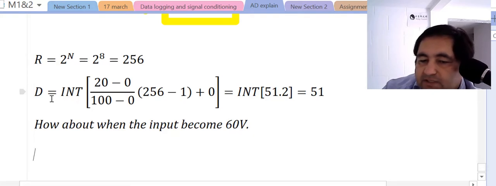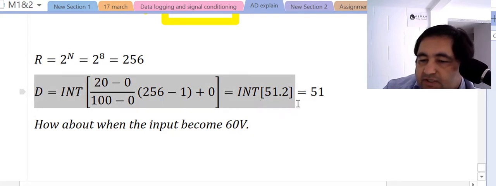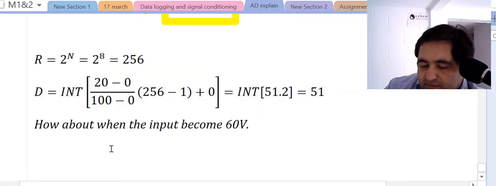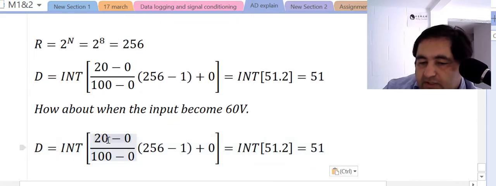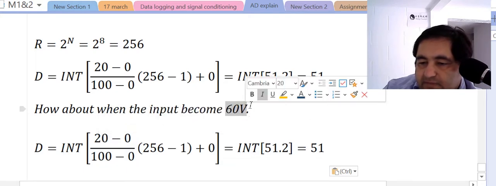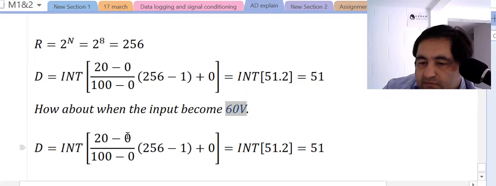If the input becomes 60 volt, all we need to do is just change this number and see what we get. I copy and paste this, so you can see that our Vn now is 60 volt. Let me use a different color so you can see that.